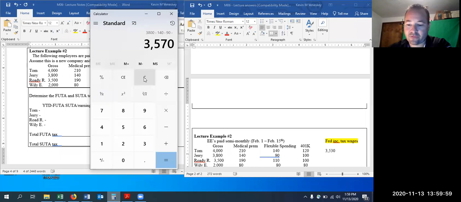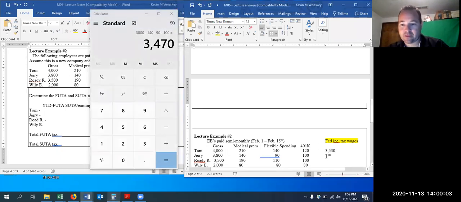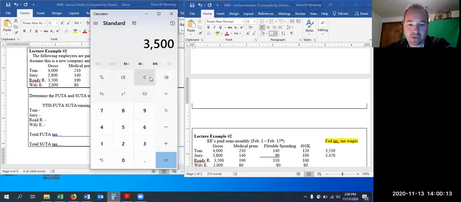We can deduct everything for all of them. 3,470. I'm hoping I put in these amounts right since I'm doing them on the fly. Roadie, yep, we can deduct all of our normal federal tax items. 3,100.